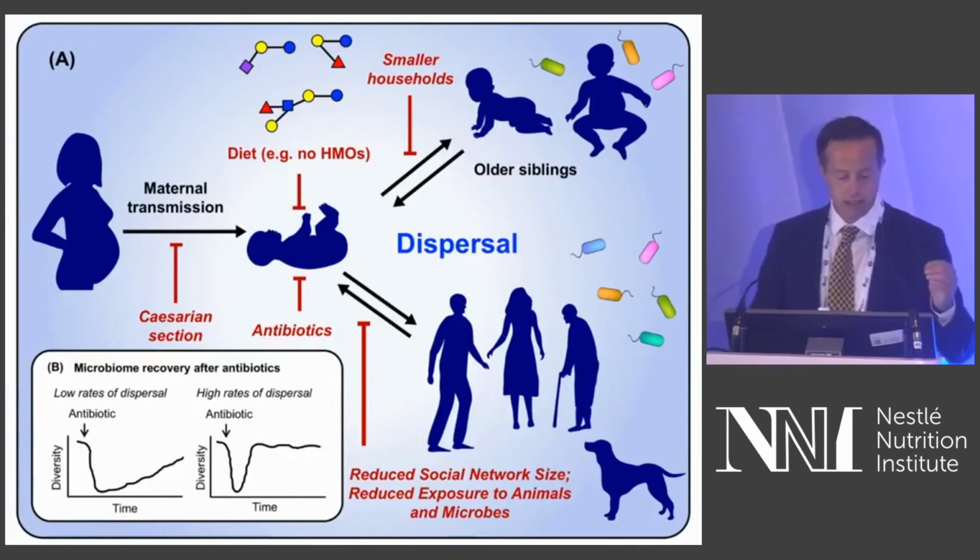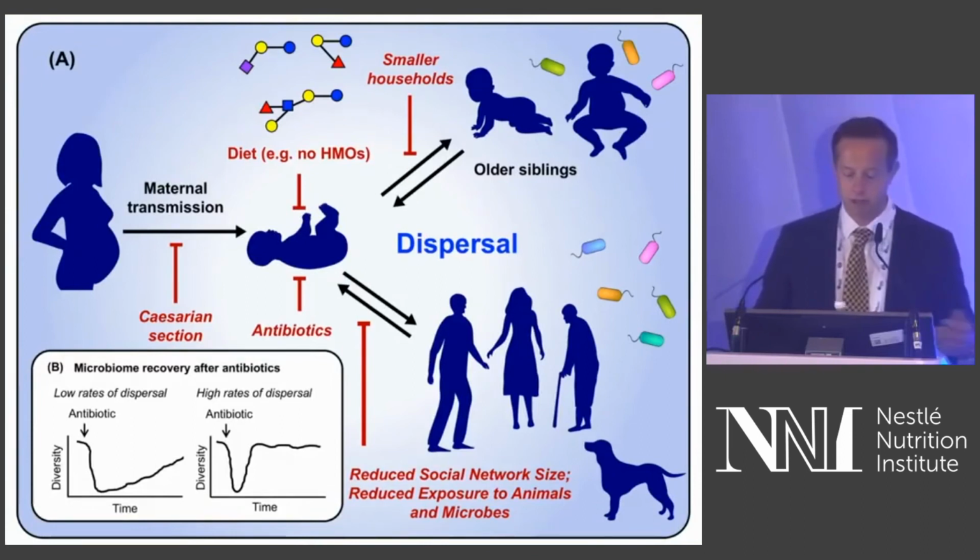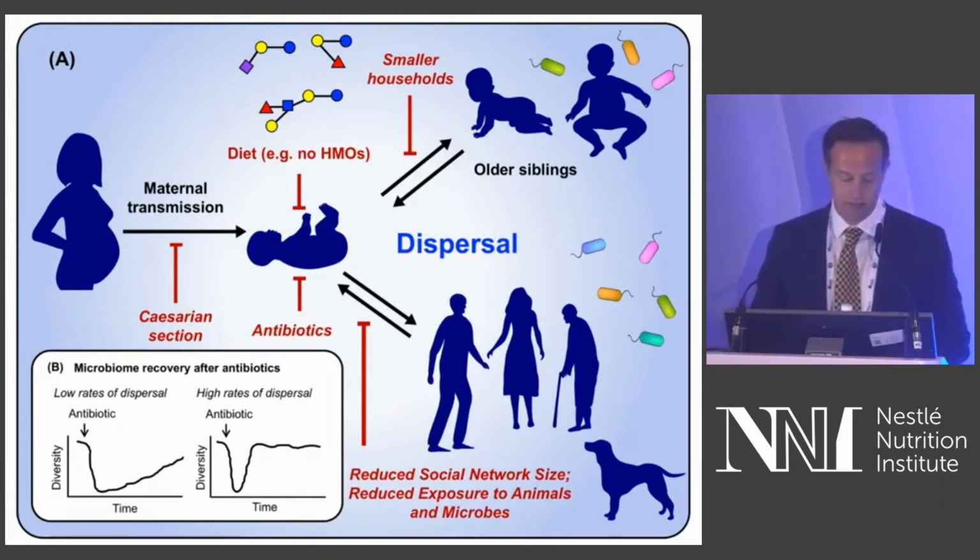So the transmission or dispersal of microbes to the baby comes from the mother, comes from other kids, comes from other individuals. The survival factors are things like diet. So you need the right diet to keep the right bugs going. For example, the human milk oligosaccharides are very important for survival of the Bifidobacteria. Antibiotics are an extinction event.